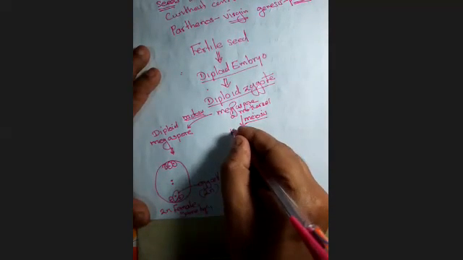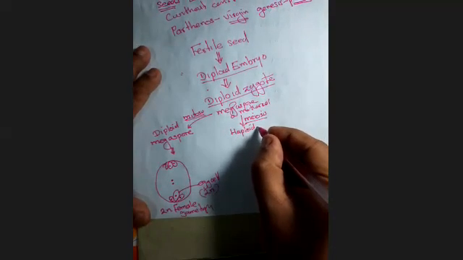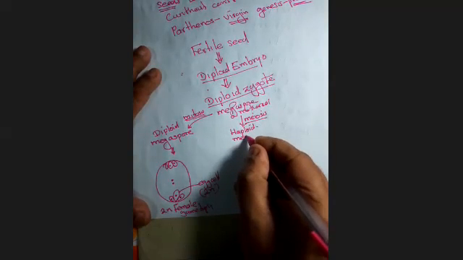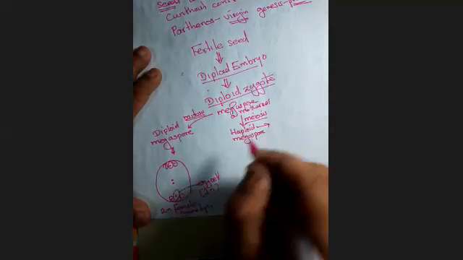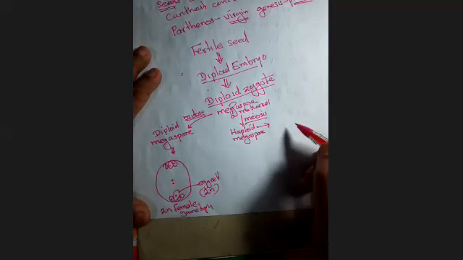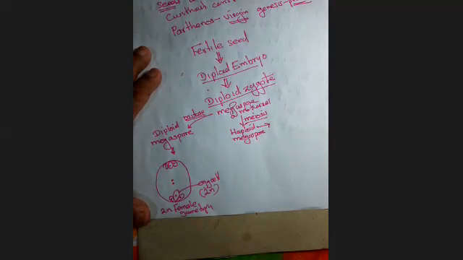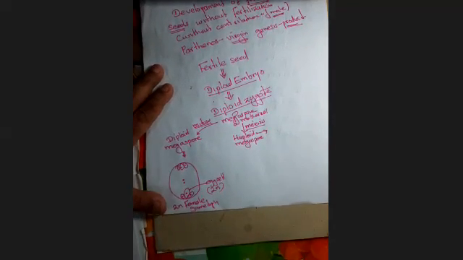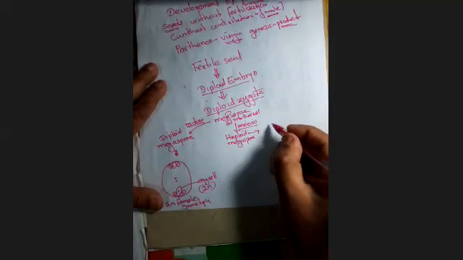Correct? The haploid megaspore will form what kind of female gametophyte? A haploid female gametophyte.